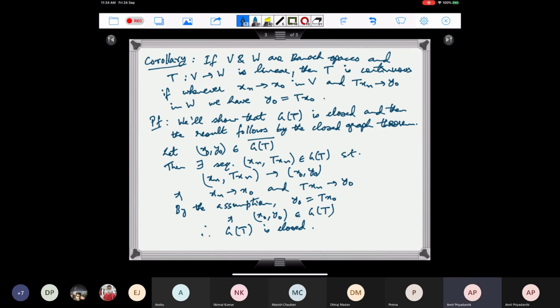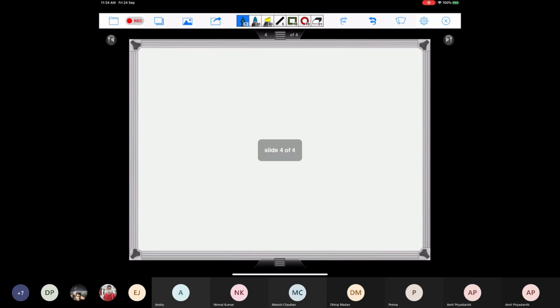I mean, the theorem says that V and W being Banach spaces is a sufficient condition, but it is also a necessary condition. That means that if V is not complete or W is not complete, then we have examples where this closed graph theorem is not true. So, remark.